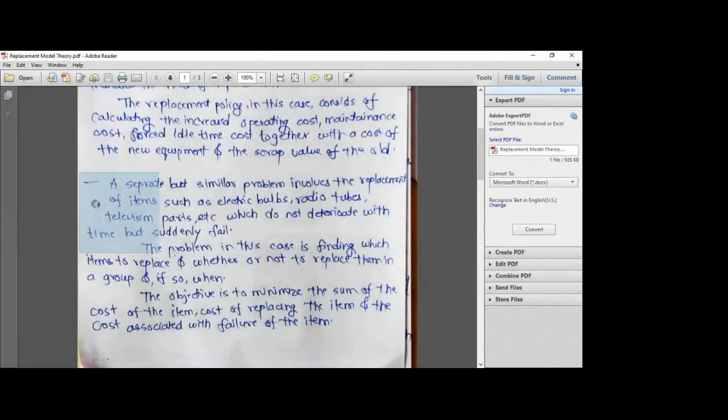There are some equipments or devices whose efficiency is not going to deteriorate with time, but they will suddenly fail, right? So in this particular problem, the problem is finding which items to replace, and whether or not to replace them in a group, or if so, when this item should get replaced.